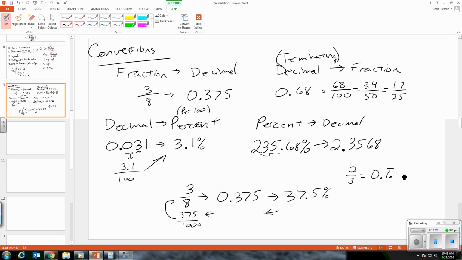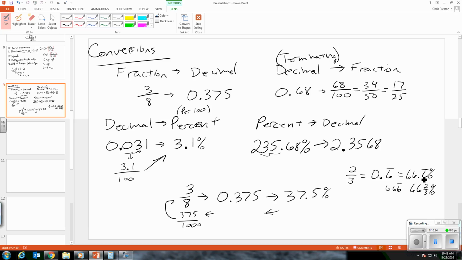Well, if I want to turn that into a percentage, I want to move it 2 over, so this is 66.6 repeating forever. But remember, 0.6 repeating forever is the same as 2/3, so you could write this as 66 and 2/3%. Both of those would be correct.